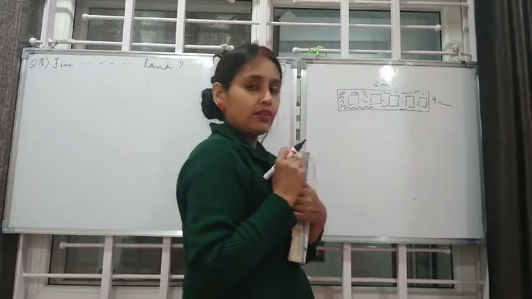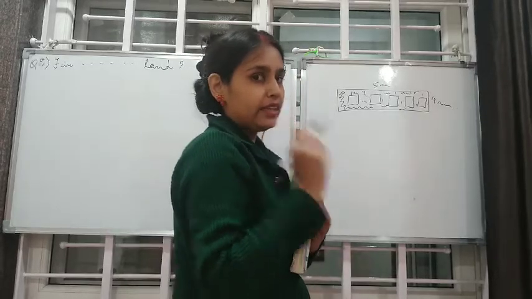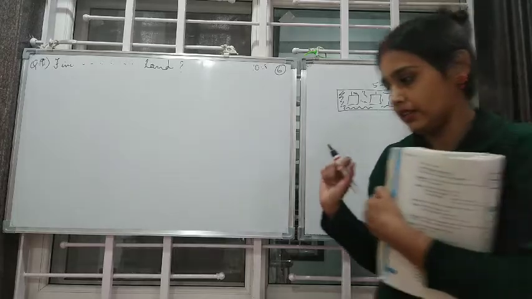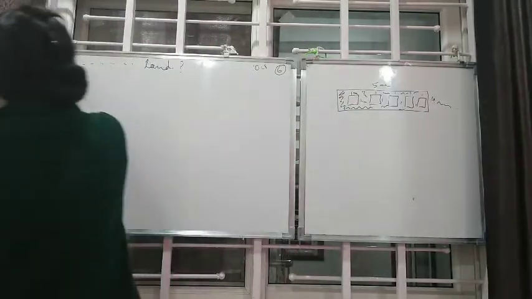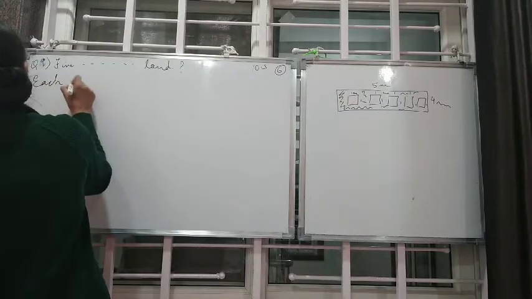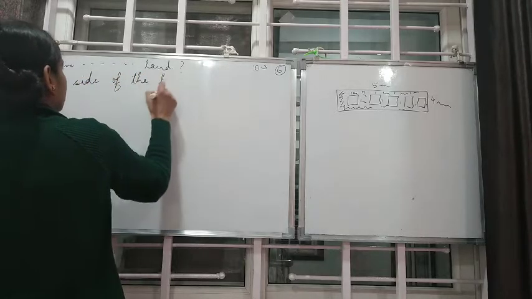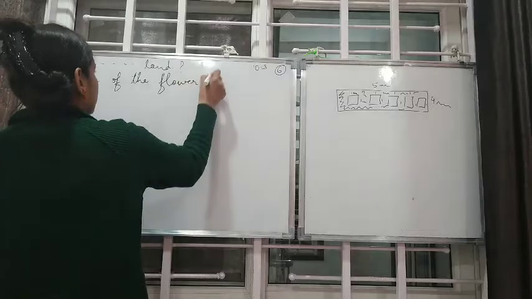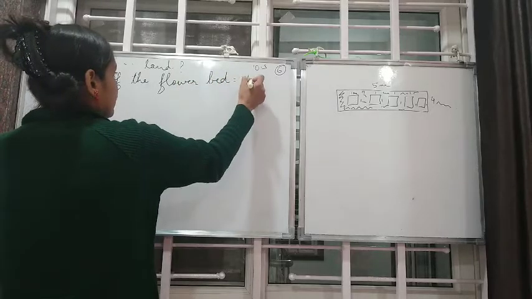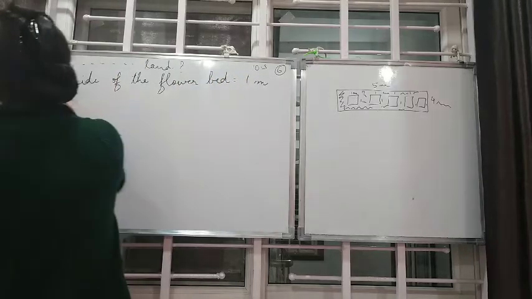So whatever is given, we are going to write that. What is given? Each side of the flower bed. Let's write that. One meter. Area of it.